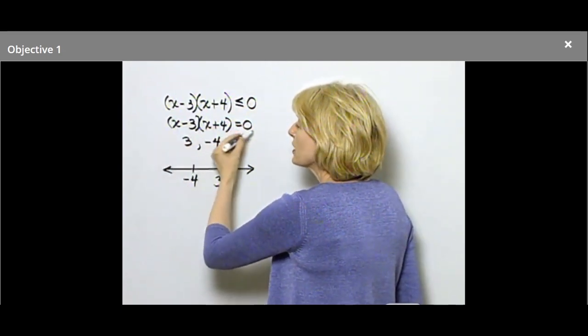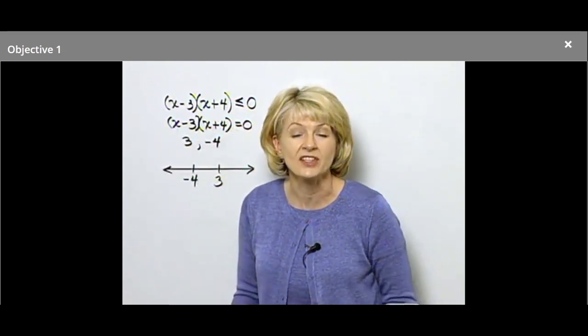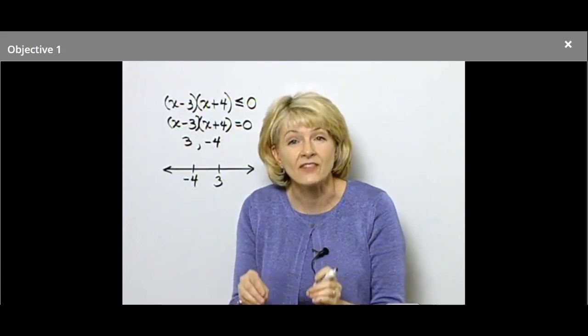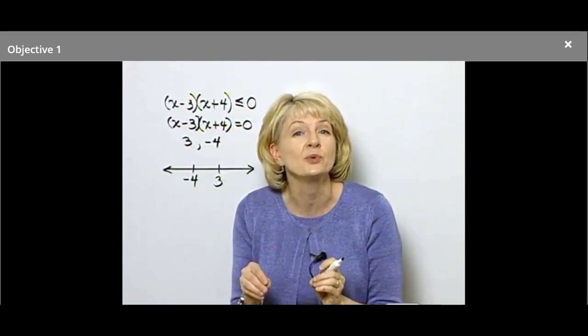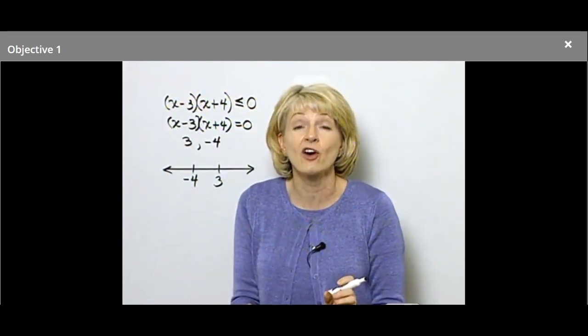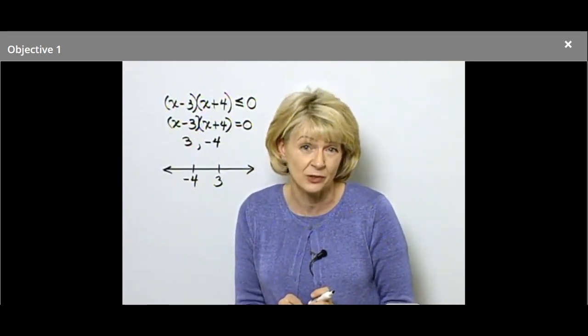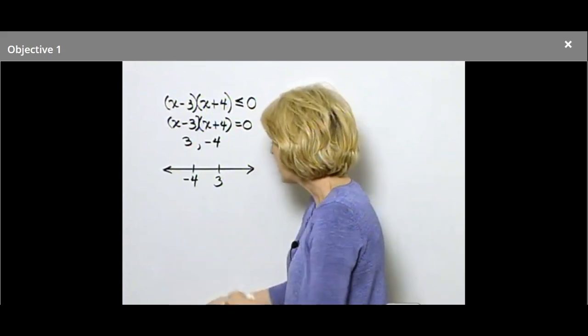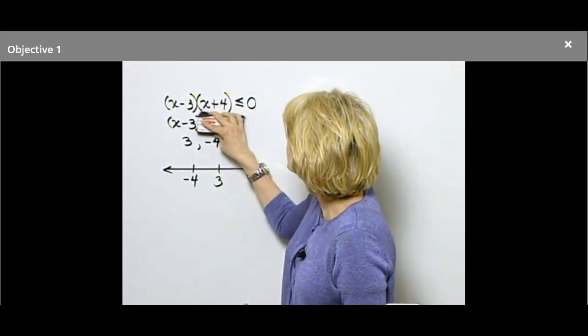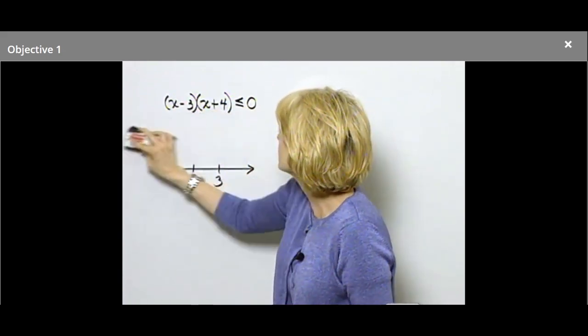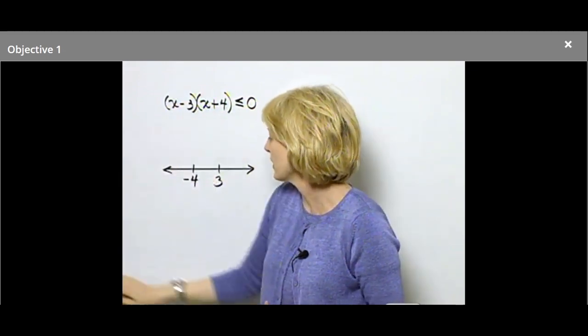And that's what's so nice about the related equation. Solutions divide the number line into regions that entirely are solution regions or entirely are not solution regions. So, how do we find out what regions are solution regions? Well, we just need a test point.